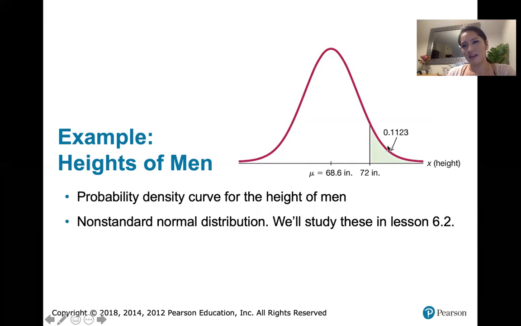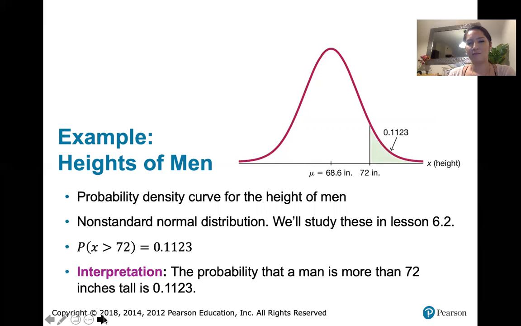If that area is 0.1123, as it says here, what that's telling us is that the probability that a man is more than 72 inches tall is equal to 0.1123. So there's an 11.23% chance that a man is more than 72 inches tall. So that's what that says.